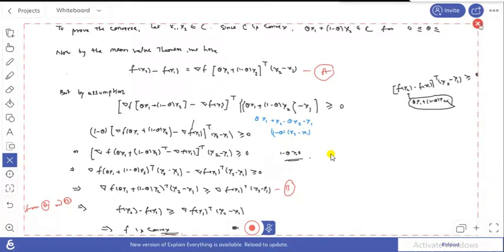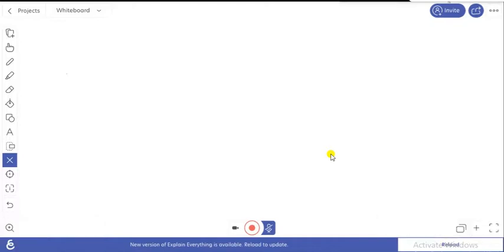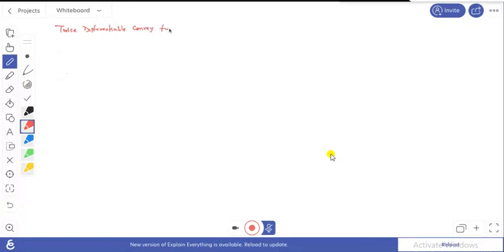Okay, so next page. Twice differentiable convex functions.